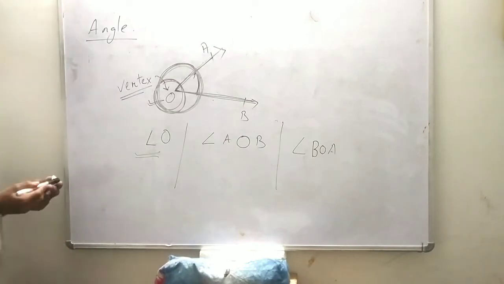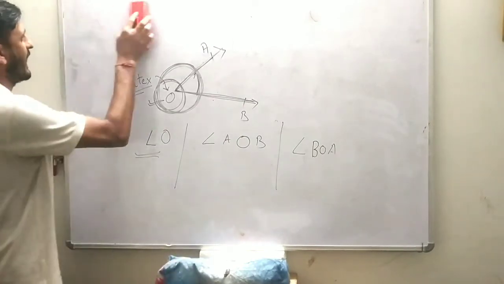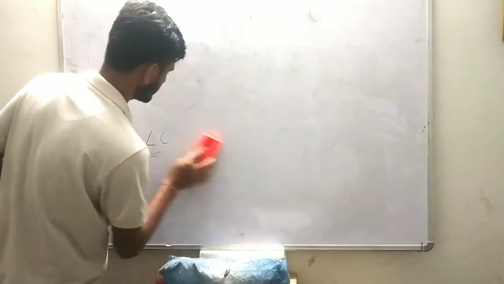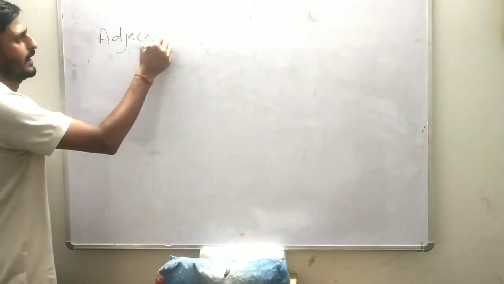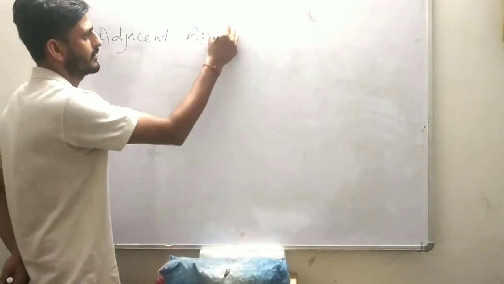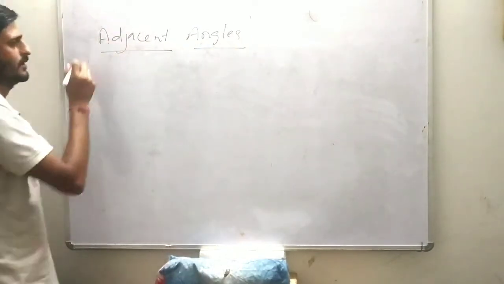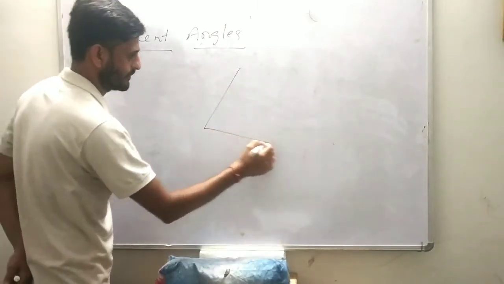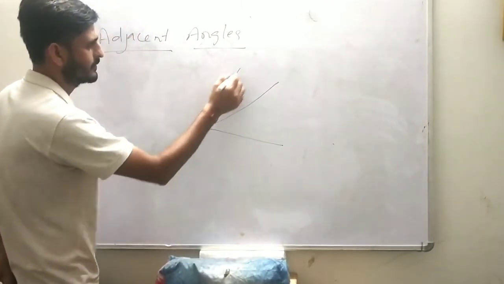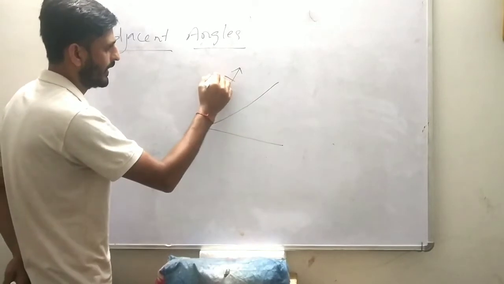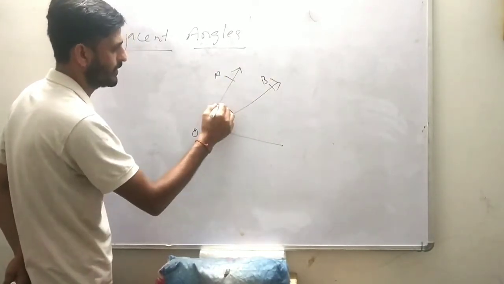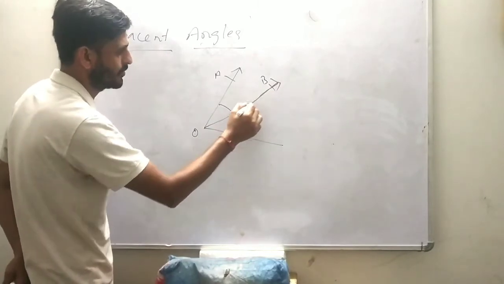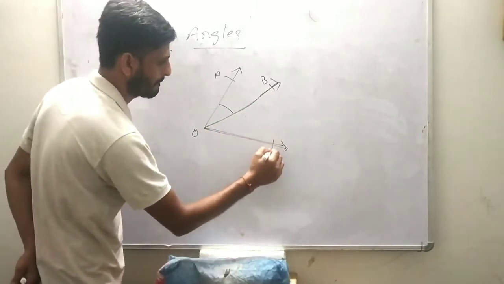Now let us move to the next part, that is adjacent angles. Now let's see what adjacent angles are. Let us take two angles. Here is one angle, AOB, and let us take another angle, BOC.